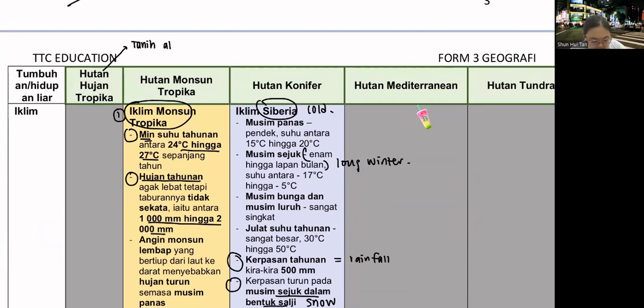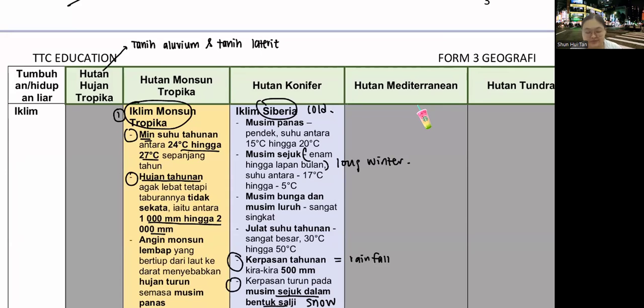Anyone remember? Alluvium and Tanih laterite. So just to tell you a little bit, if you have both chapter 3 and chapter 4 exam, then if they ask you, jelaskan tanih di hutan hujan tropika, are you gonna write latosol or are you gonna write alluvium and laterite?